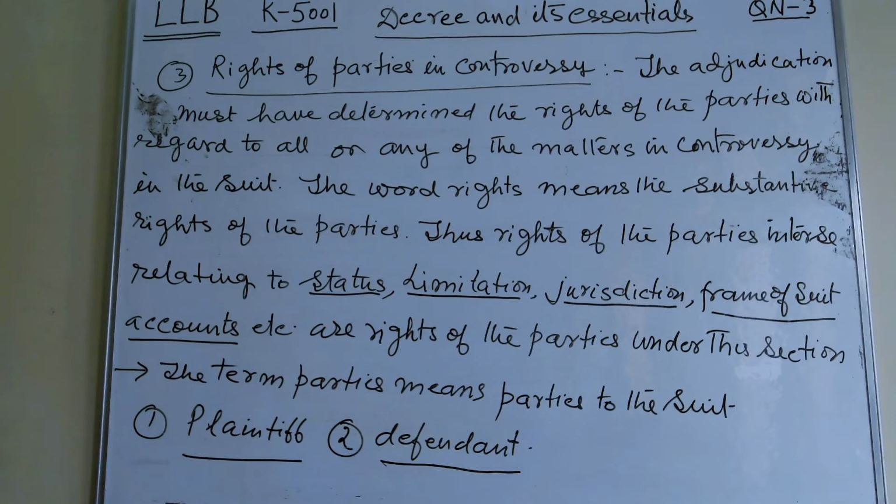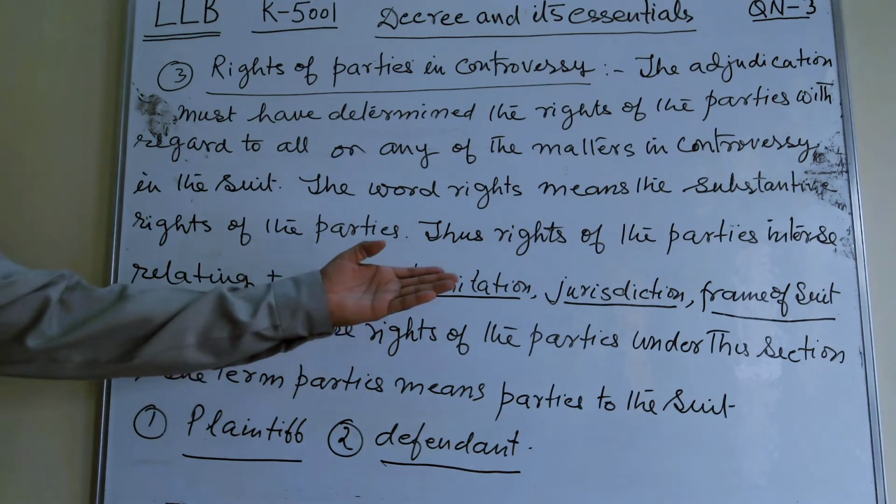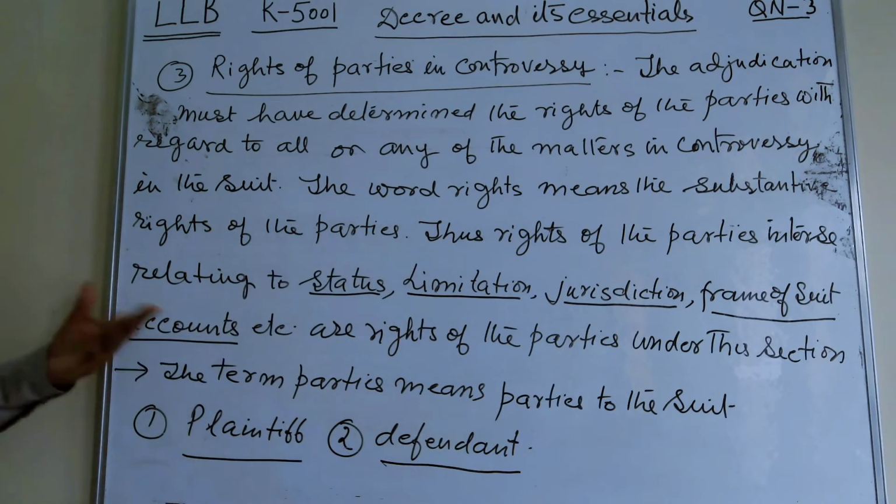My dear friends, in the third essential condition, the rights of the parties must be considered. And what are the substantive rights of the parties? Status, limitation, jurisdiction, frame of suit, accounts, etc.